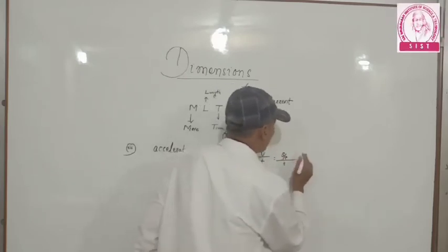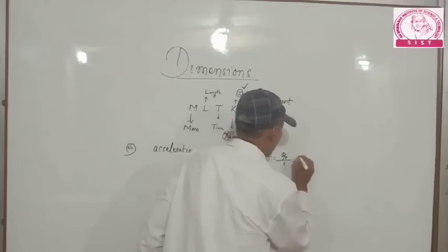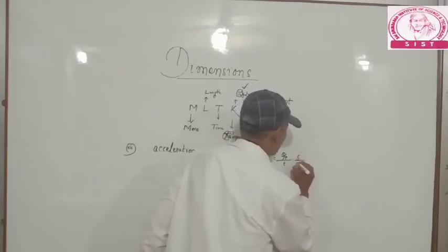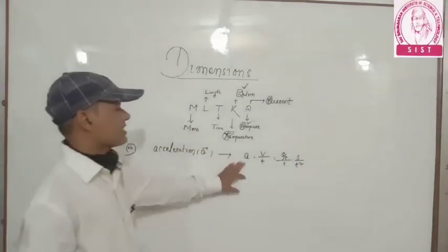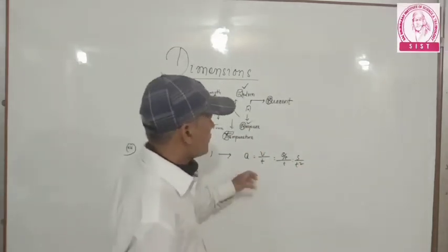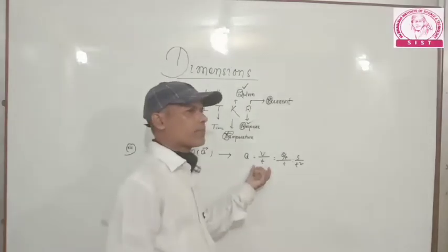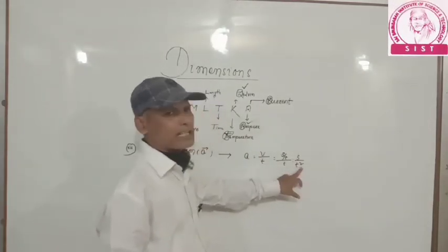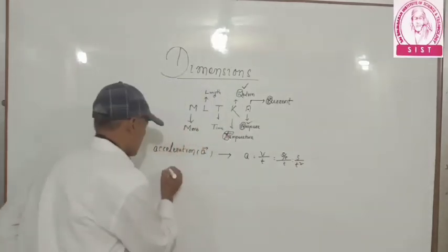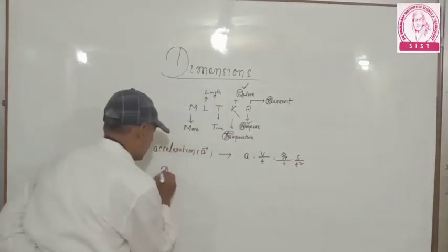Now how much is it? S by T square. Acceleration, we extended the equation, we split it, and finally we got S by T square. So express it. What is its dimensional formula?